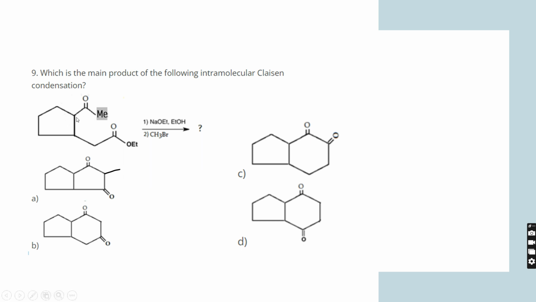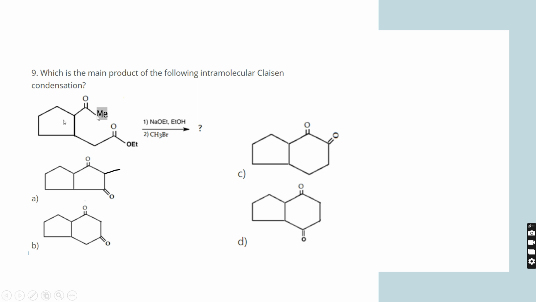If you cyclize after abstracting the proton from here by attacking at this ester carbonyl, how many membered ring will you get? It is a highly sterically hindered 4-membered ring which is going to be formed. And whenever you have the possibility of forming 5 or 6-membered ring over 3 or 4-membered ring, you have to always follow the path where you are going to get stable 5 or 6-membered ring.